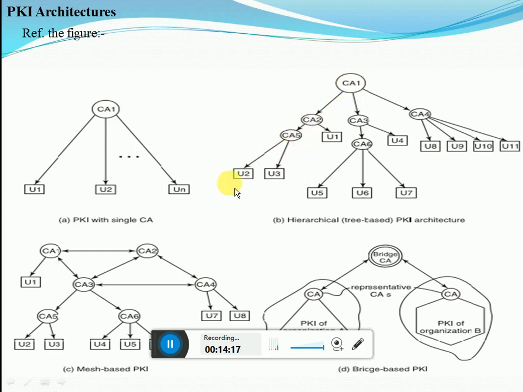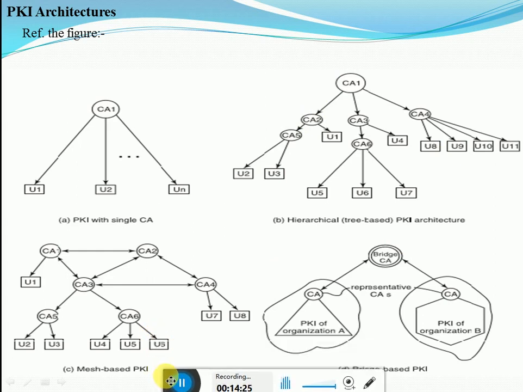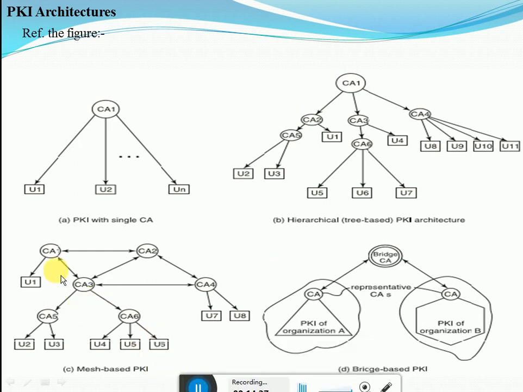The next one is a mesh based approach. In the mesh based approach, there will be a root type organization, where each CA in turn communicates within themselves. They can interact with each other, whereas in the hierarchical approach, it is all the time one way.